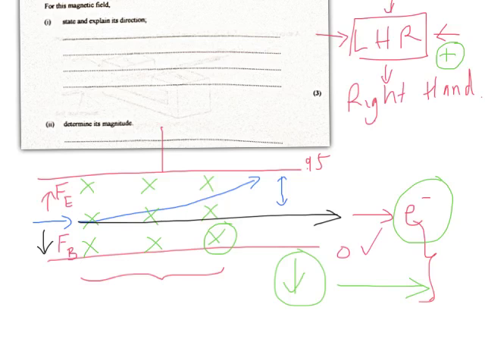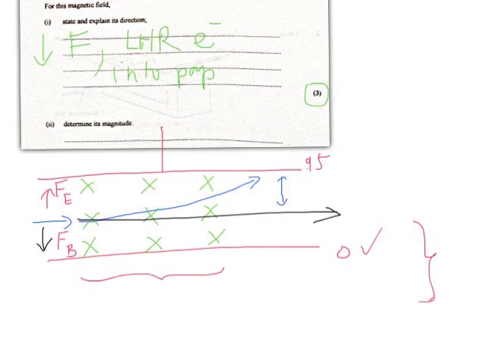So if we look at the question and the marks allocated, you would get 1 mark for saying force acting downwards and using the left-hand rule. For an electron, the magnetic field is acting into the paper. So now we need to determine the magnitude.